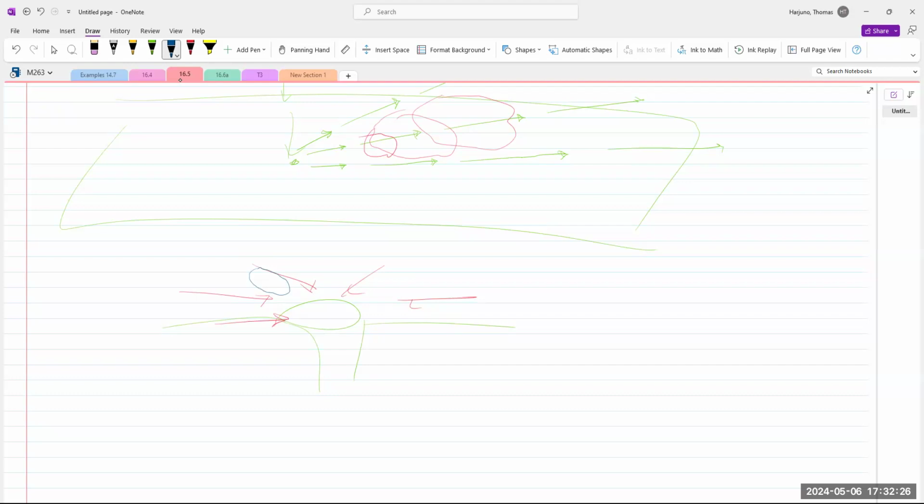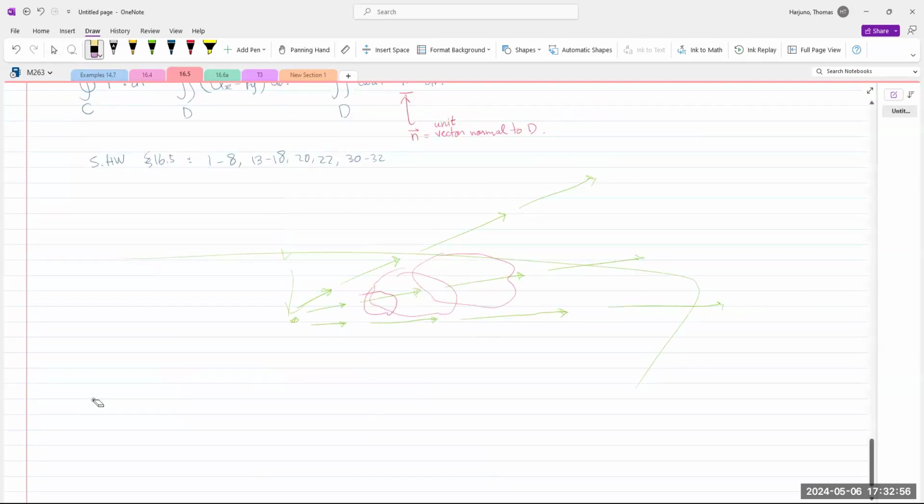You see that? Of course, it depends on how strong the force field is. Suppose this part here is stronger compared to that part, then it will get elongated. In short, the curl has something to do with the rotational effect on the fluid, while divergence has to do with the compression or expansion of the fluid.